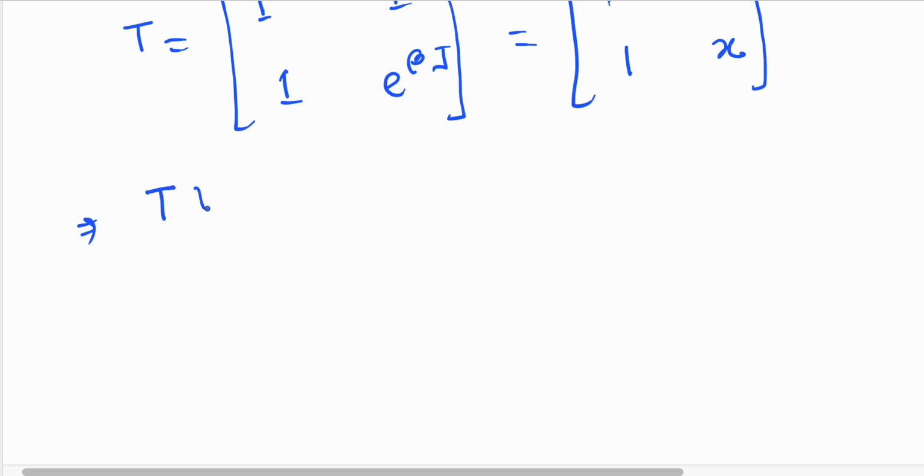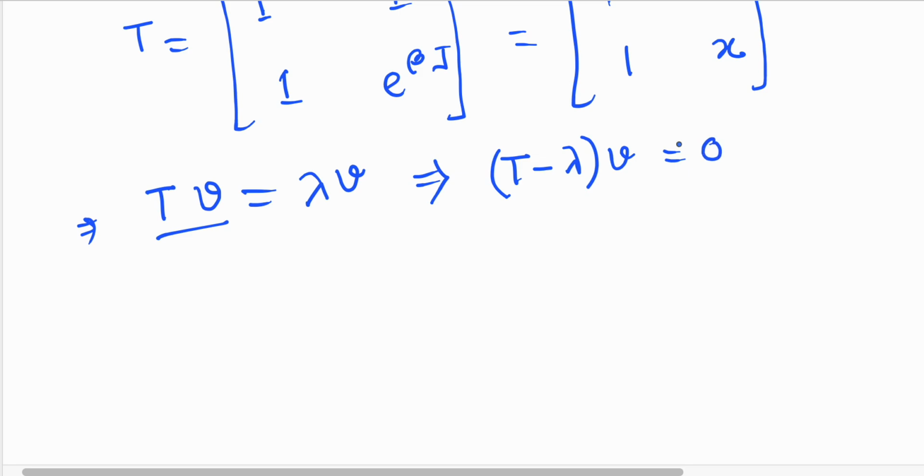If there is an eigenvector v, multiplying it by T gives lambda v. So (T minus lambda I) v is equal to 0, and if v is not equal to 0, then the determinant of T minus lambda I should become 0.